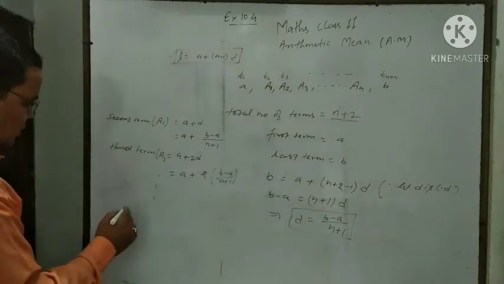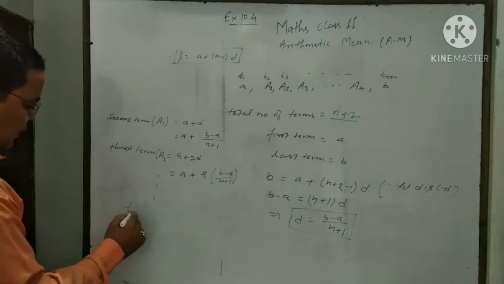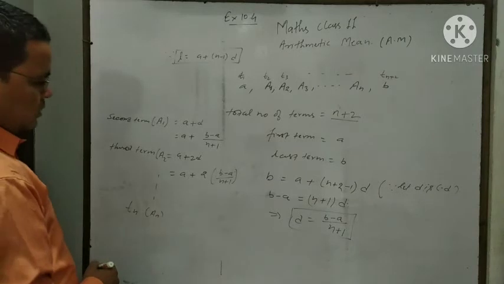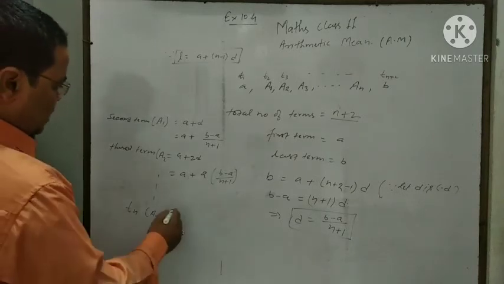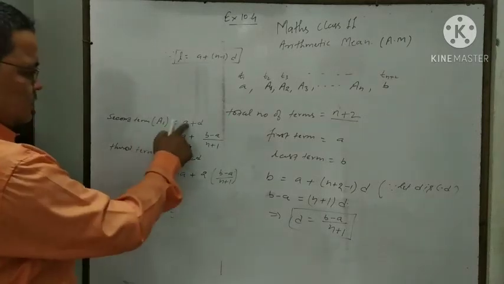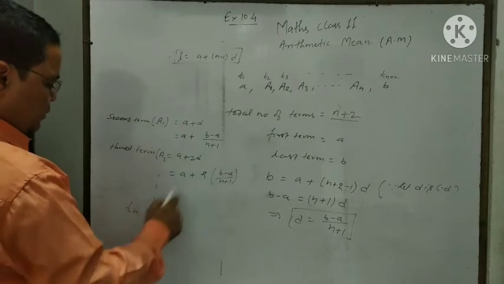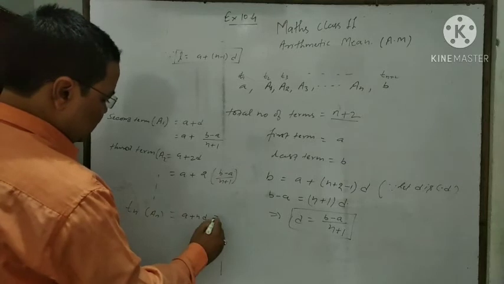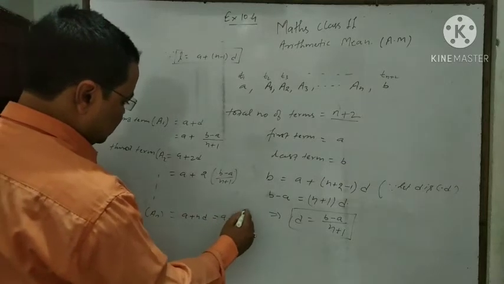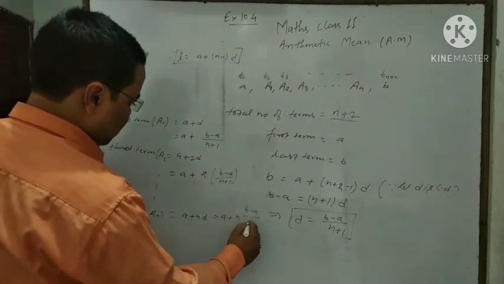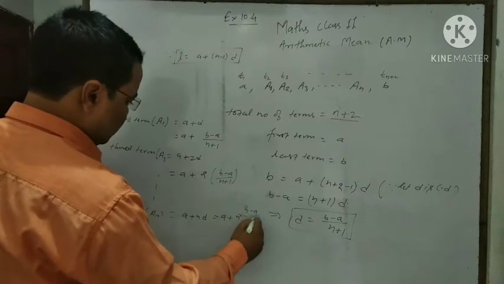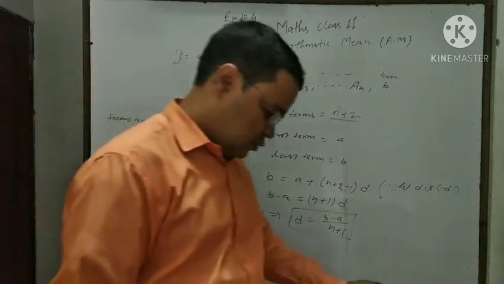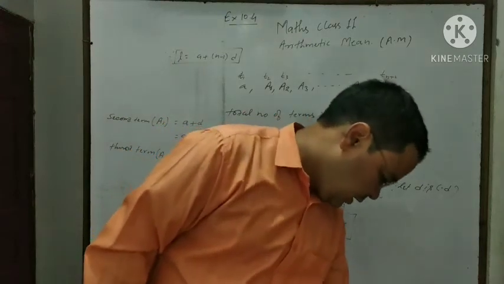Similarly we can get the nth term also, that is an. And an will be: a1 means a plus d, a2 means a plus 2d, then an means a plus nd, and it will be a plus n into b minus a upon n plus 1. In this way we can find the nth term also.